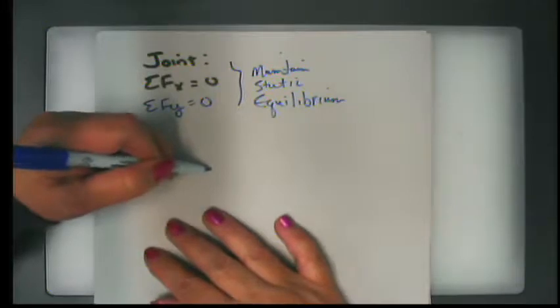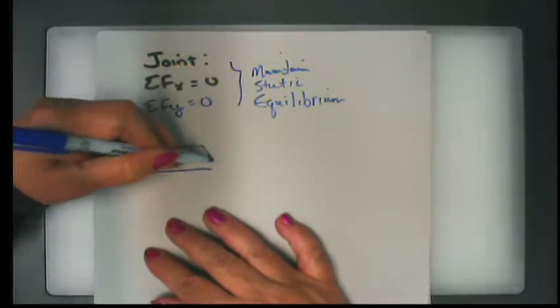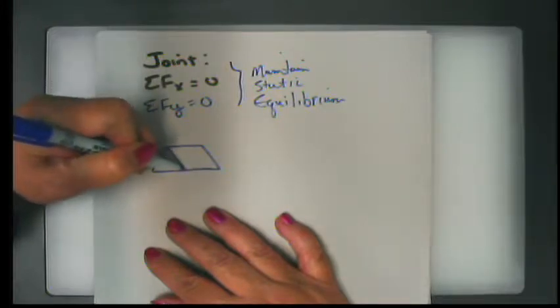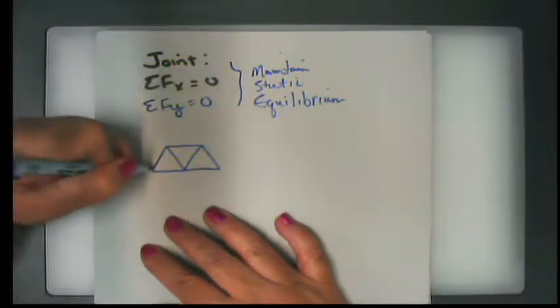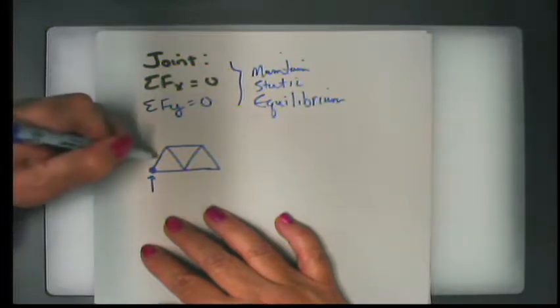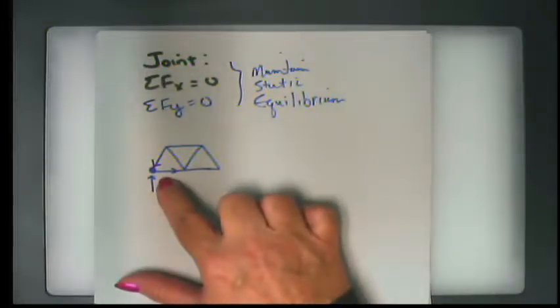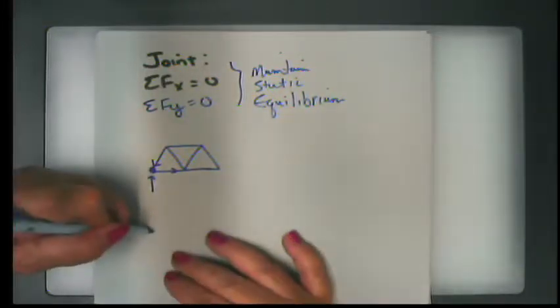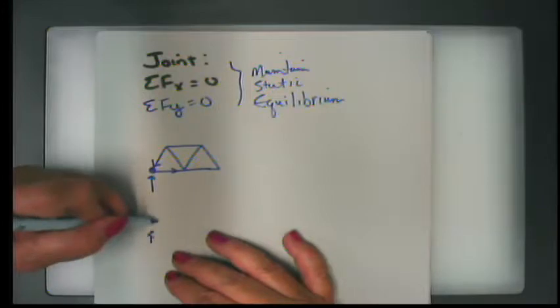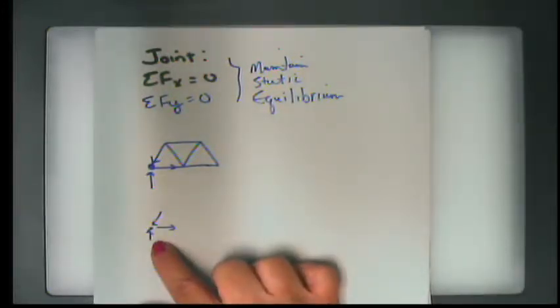Now, the other thing when we draw a truss and we talk about looking at a particular joint, if we say here at A, we have some sort of an external force, and then we have the forces in the structural members. When I draw this joint, if we call this A, we view those forces in the structural members just as forces.